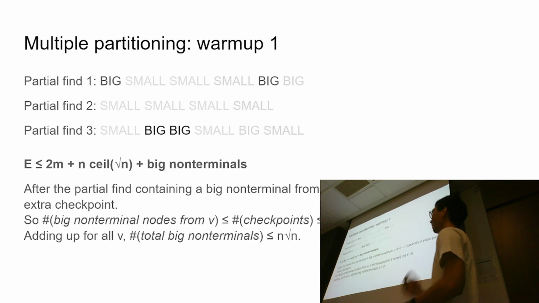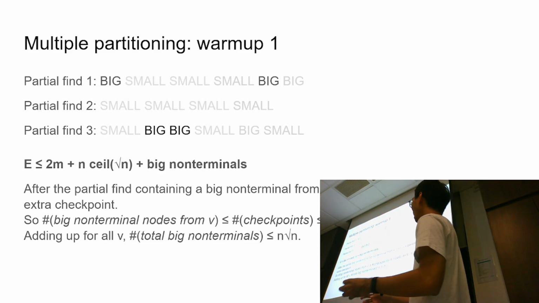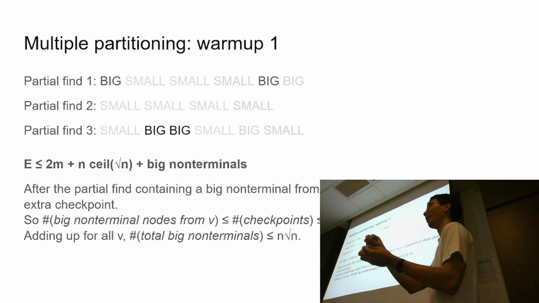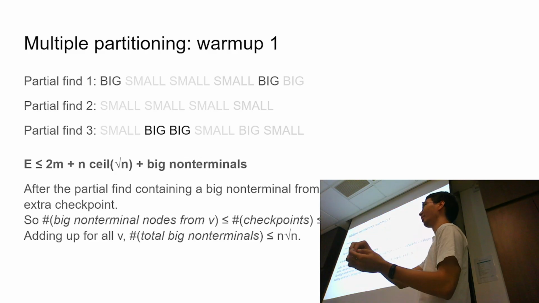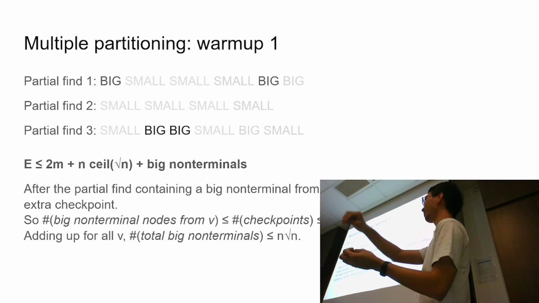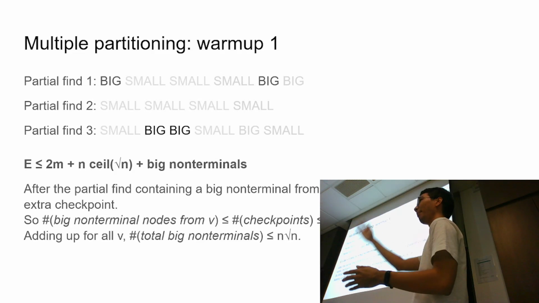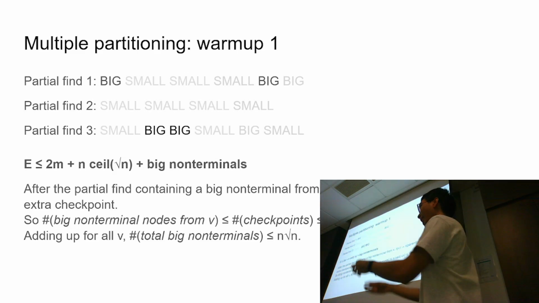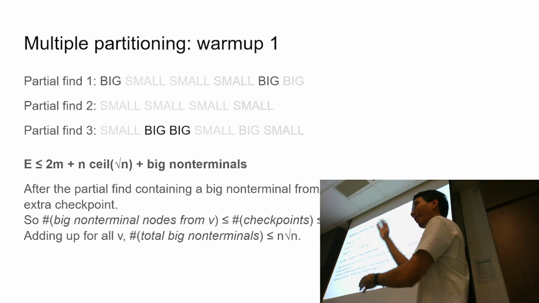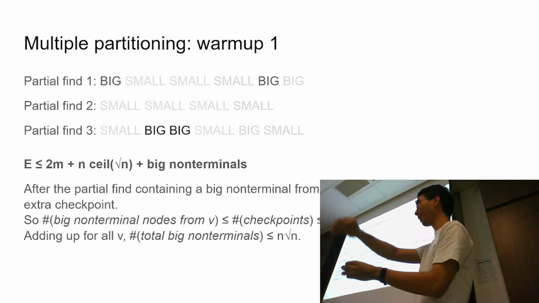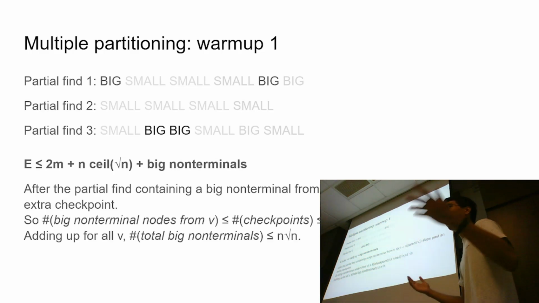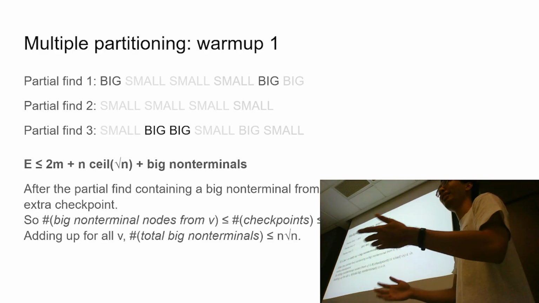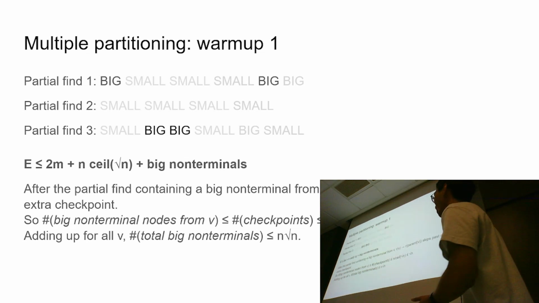So if you have V to W a big non-terminal, and it ends all the way at say W prime prime, then this giant jump must actually skip past one more checkpoint, because our initial edge skipped past one checkpoint, and we encounter another edge where it skipped past one checkpoint. So in total, you skip past 2 checkpoints. So how many times can you repeat this process of skipping past an additional checkpoint?